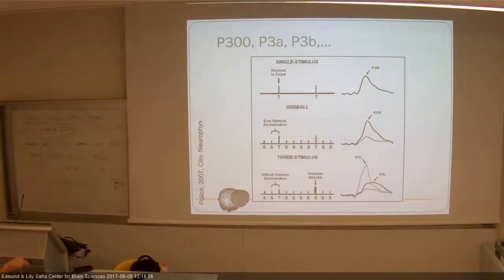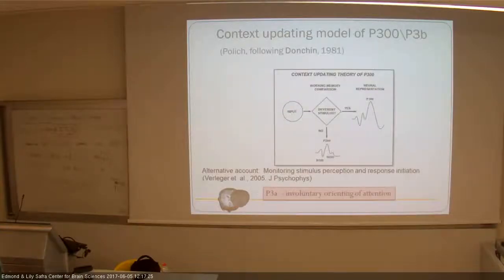This is the response to the target, and you get what they call here a P300, but we should call it a P3B. Now, if you have a three-stimulus paradigm where you have standards and target, but occasionally also a deviant, then you get a P3B for the target and a P3A for the distractor. And the P3A is earlier, and as I said, it's more frontal than the target response.